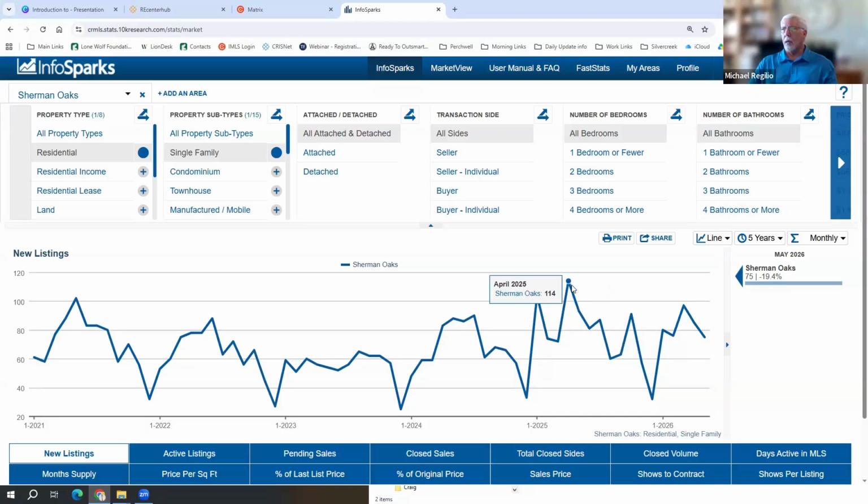Our high point over the last 5 years was 114 for new listings in 2025. But I guess December was slow, but it's picked up. The number of new listings lets us know how much competition is coming in that we're competing with for the same buyers.